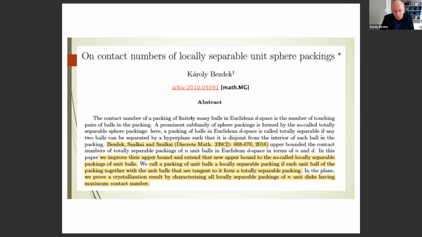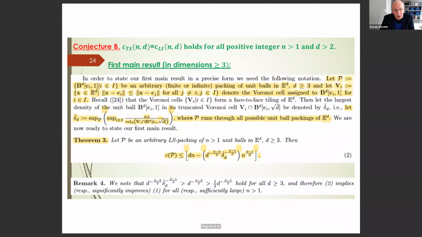This paper does it, and one can find it on the arXiv. So let me just state the 2 results that I will discuss in some detail on the next slides.